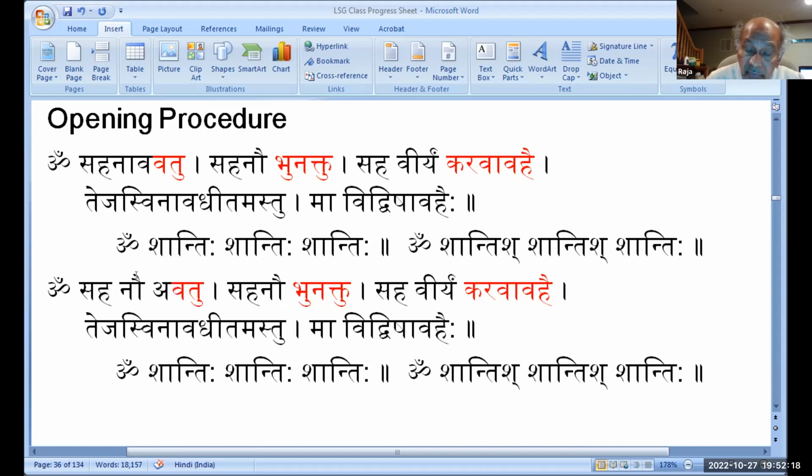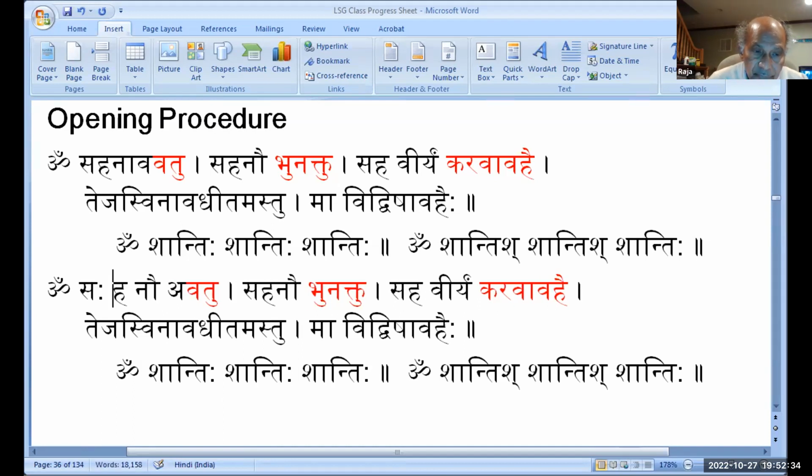Now, it's the dvivachana for the first person personal pronoun I. Really in grammar we have to break this. Now Saha is that person, that Bhagavan, avatu, protect.